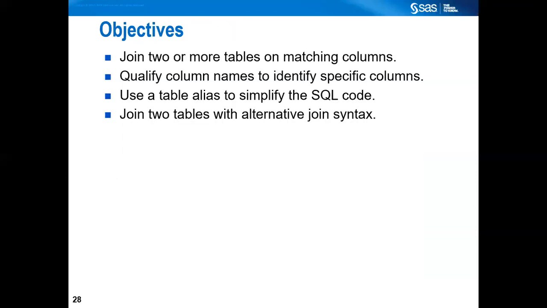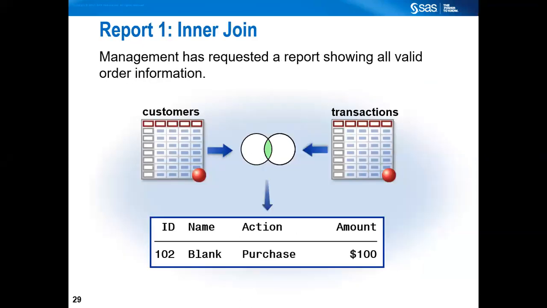All right, so let's understand inner join. Objectives: join 2 or more tables on matching columns. Qualify column names to identify specific columns. Use a table alias to simplify the SQL code. Join 2 tables with alternative join syntax. So this is what it's telling about inner join. That is, we'll be selecting only matching rows.